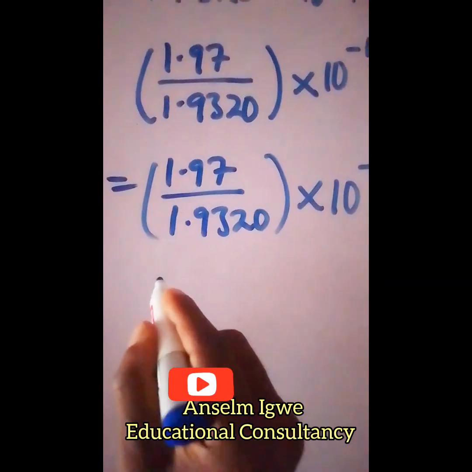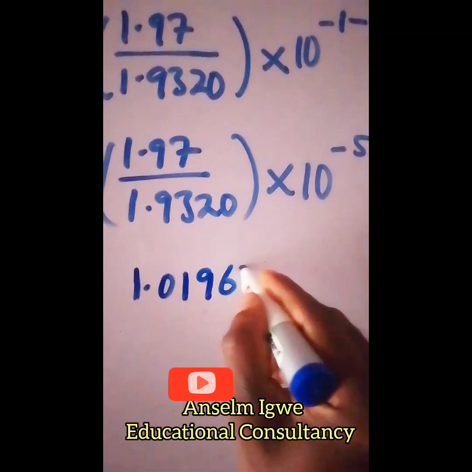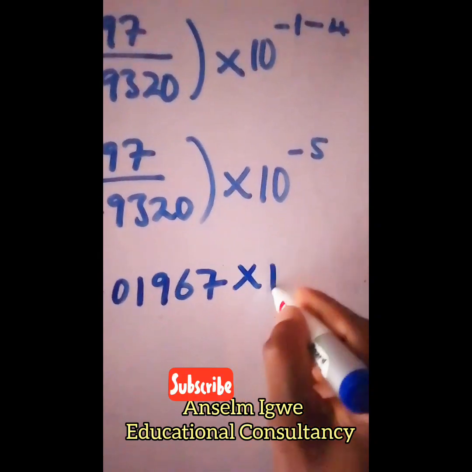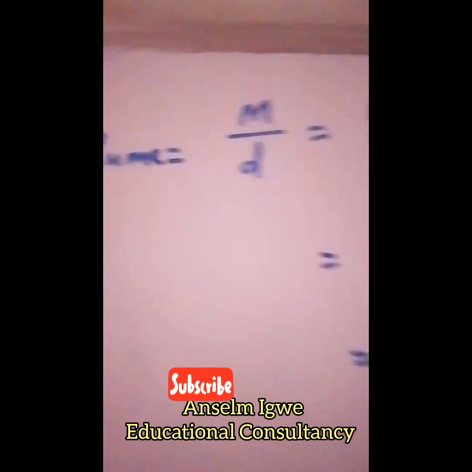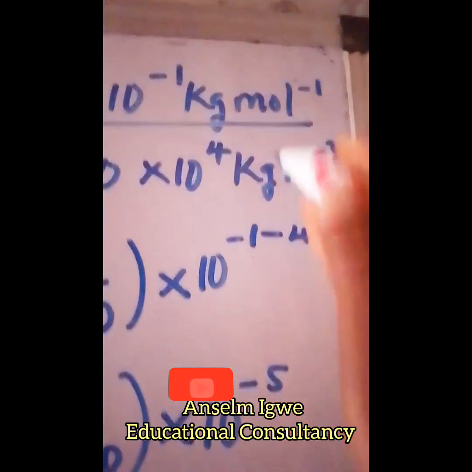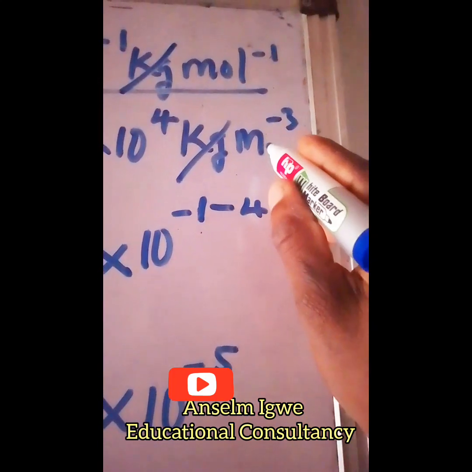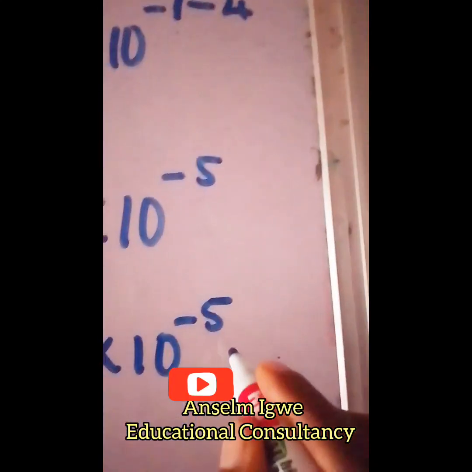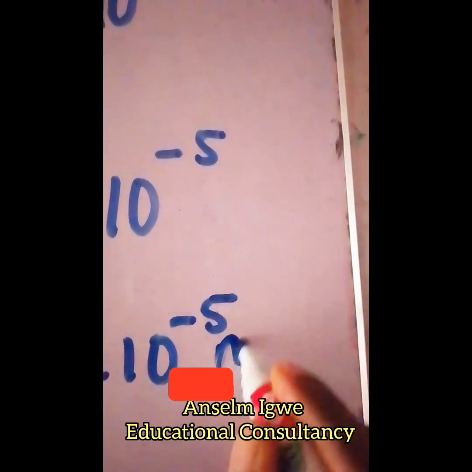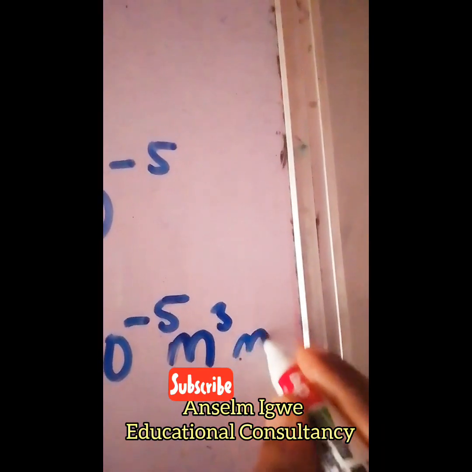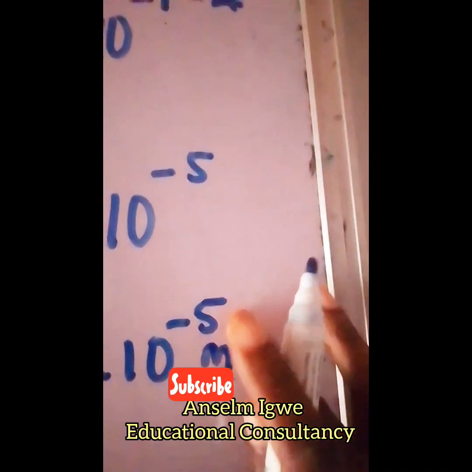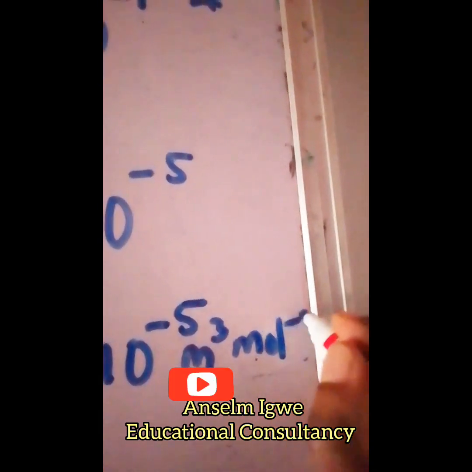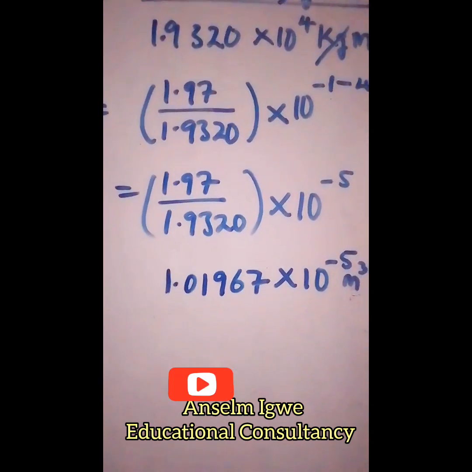So this will give us approximately 1.01967 times 10 raised to power minus 5. What is the unit? Kilogram here, we cancel kilogram. So we are left with meter cube per mole. So this is the molar volume.